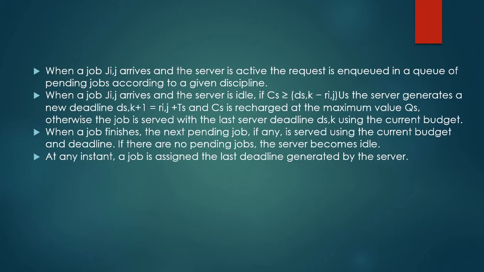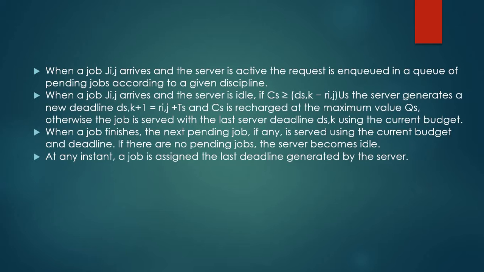When a job Jij arrives and the server is active, the request is included in a queue of pending jobs according to a given discipline. When a job Jij arrives and the server is idle, if the budget is greater than the deadline minus arrival time times server utilization, the server generates a new deadline DSK plus 1 equals the arrival time of the new process plus server time, and the budget is recharged at the maximum value QS.